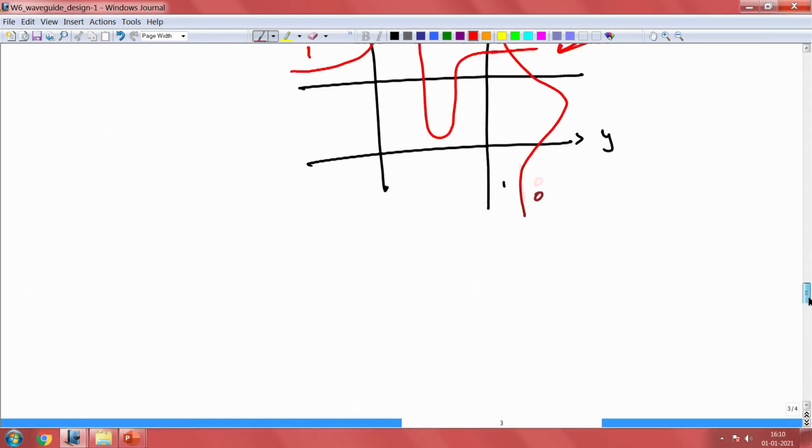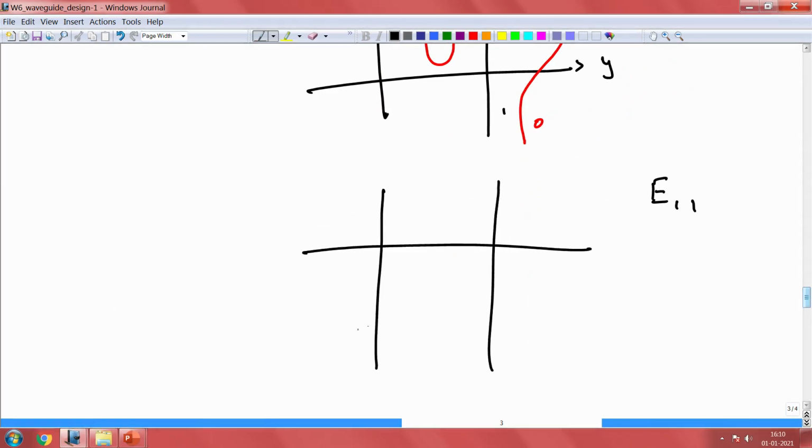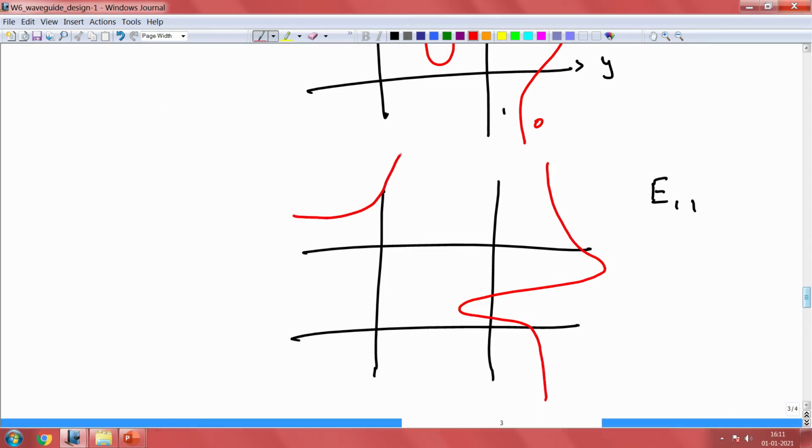Okay. So, now just last bit, okay, to make things a bit more fun. Let us say E 1 1. Okay. So, if you have E 1 1, that means you should have 1 node crossing for both x and y. So, that means you will have here and here as well.